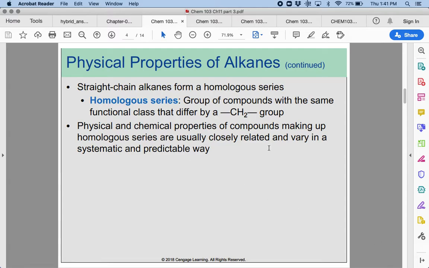The physical and chemical properties that make up these series are closely related and they differ in a systematic way. What we mean to say is how many CH2 groups we have, how big our chain of carbons is, will tell us in a predictable way the differences that will occur between them.